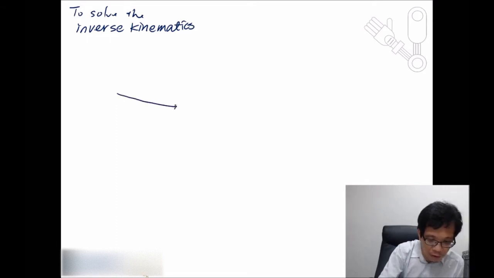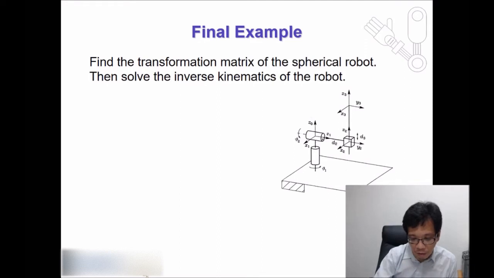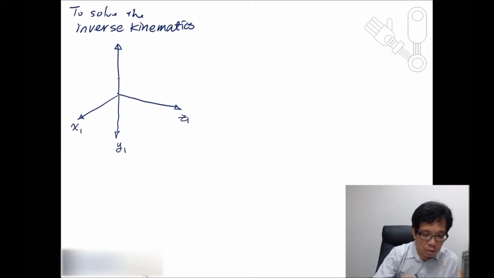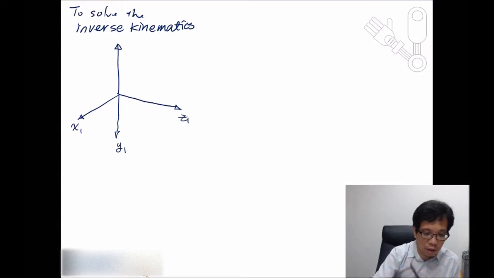This is my x1, this is actually my y1, and this is my z1. Based on the configuration in the previous slides, we conclude that based on using the right-hand rule, the x1 direction must be this direction. That's the reason I have this one over here. Let me erase the solid line and redo that again.